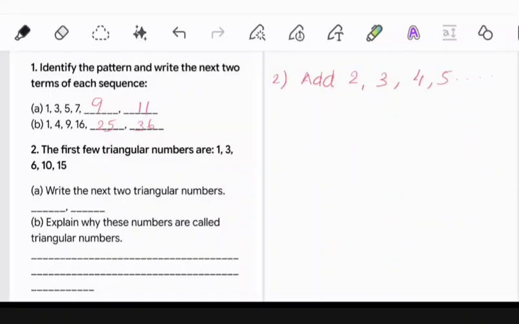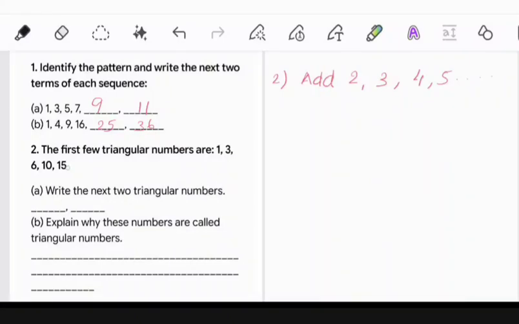Okay, so the next two triangular numbers after 15. Now 1, 3, 6, 10, 15. 1 plus 2 is 3. 3 plus 3 is 6. And after that, 6 plus 4 is 10. 10 plus 5 is 15.